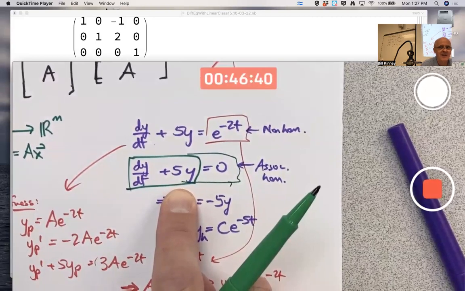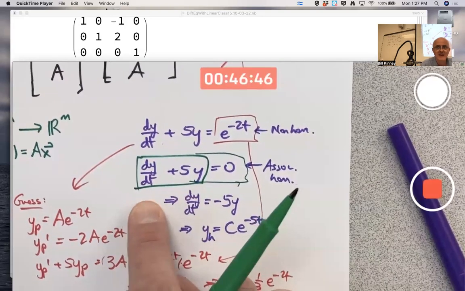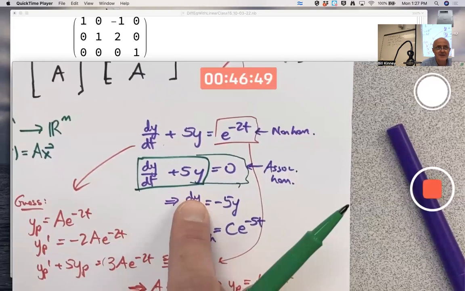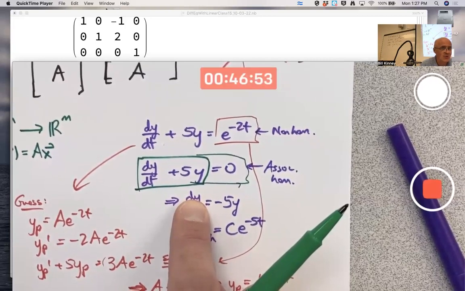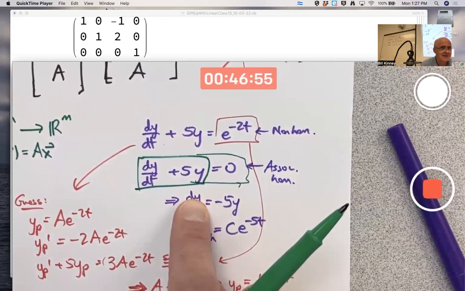Here's the last point, and then I'll let you go. What does that mean? This expression, dy/dt plus 5y, can be thought of as a function in its own right. What kind of function?